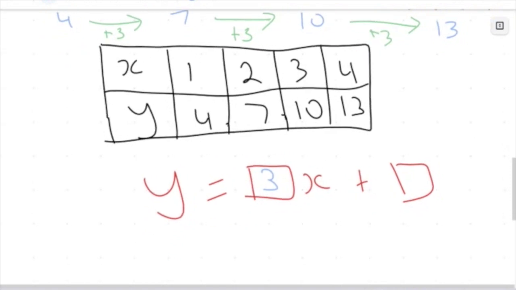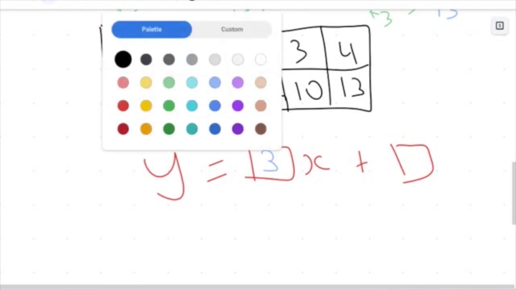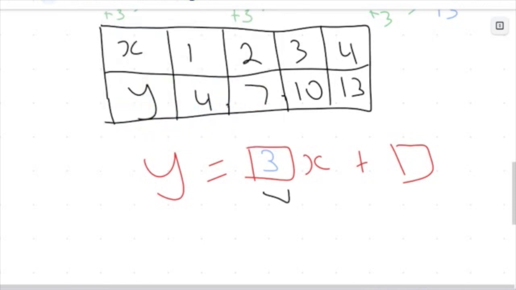Now I know that x is being multiplied by 3, and I just need to find what's being added or subtracted to get to my final values here. Once again, some of you can probably pick this up already, because once we get this first bit, it opens the question up completely.